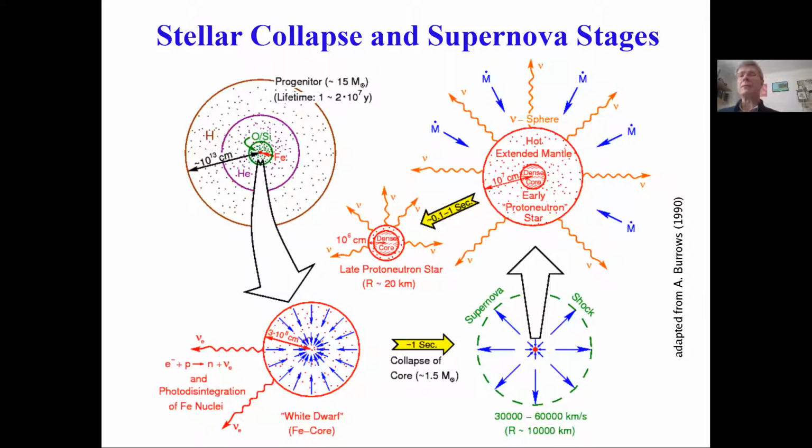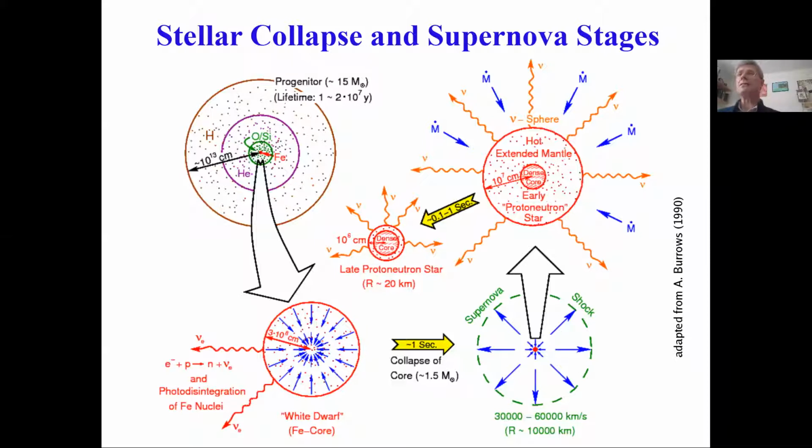This iron core has about the size of the moon. When it reaches a limiting mass close to the Chandrasekhar mass, particle physics processes set in, and within less than a second, the core collapses to a neutron star, and a shockwave is launched, and the shockwave explodes the supernova. The relic neutron star is initially very hot.